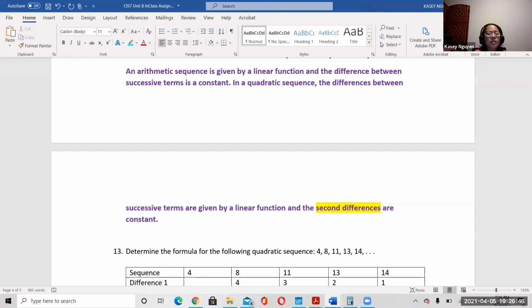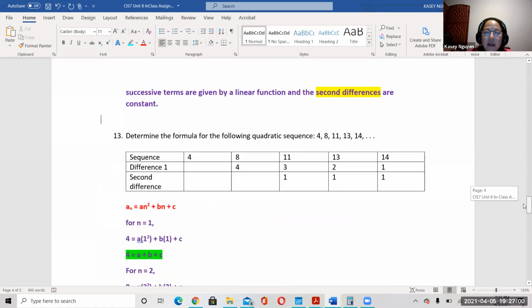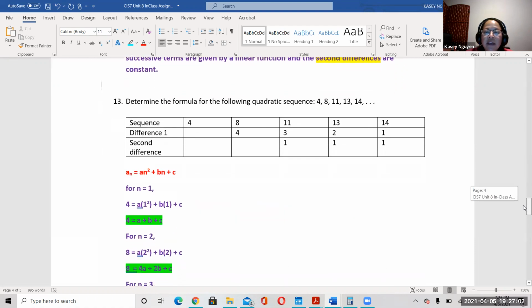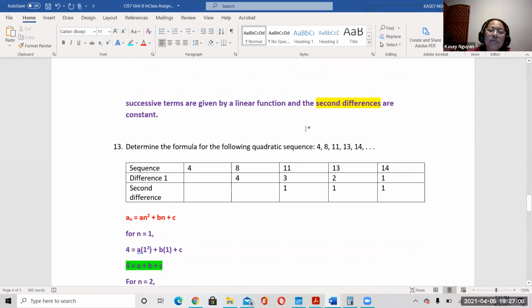So for number 13, it's very much like the example we just touched on. So for 13, we are given the quadratic sequence, okay? 4, 8, 11, 13, and 14.